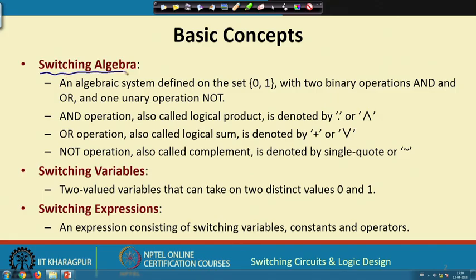What is a switching algebra? You see, algebra is a mathematical structure. I am not going into the formal definition of an algebra, but I am mentioning the essential idea.